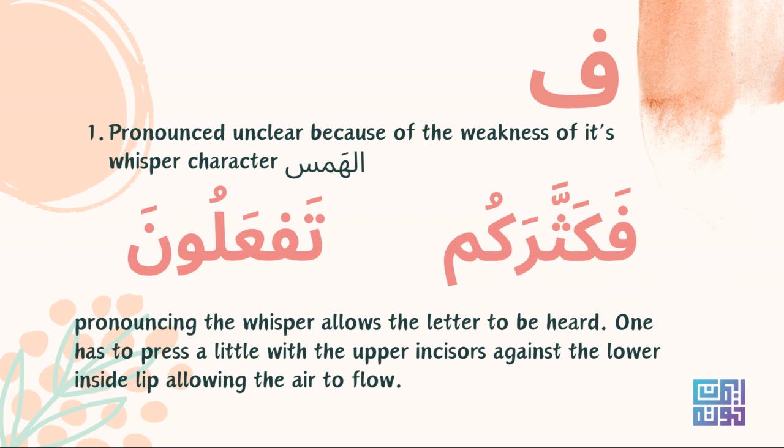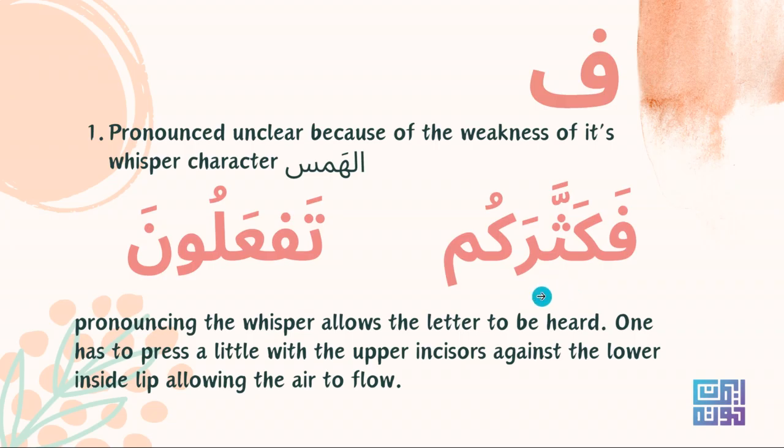Fa. If I don't do this, it's going to be fa-ka. Many people do this. We need to hear the letter fa by pressing a little bit so that the whispering sound is heard, so that the letter is totally pronounced.